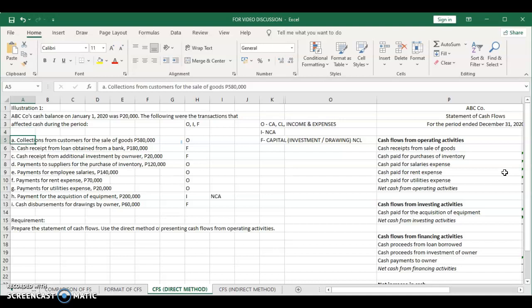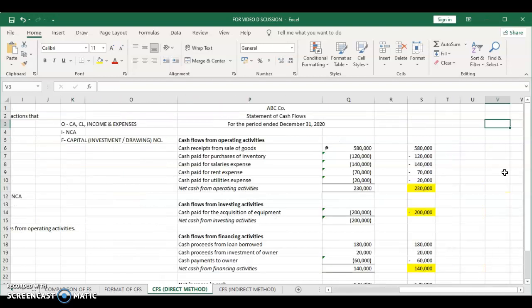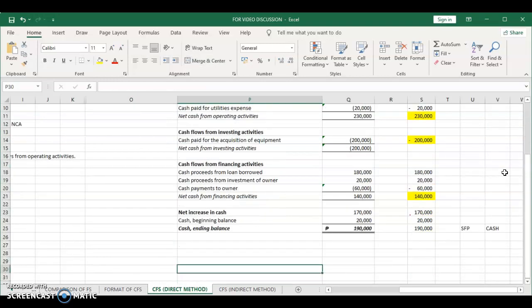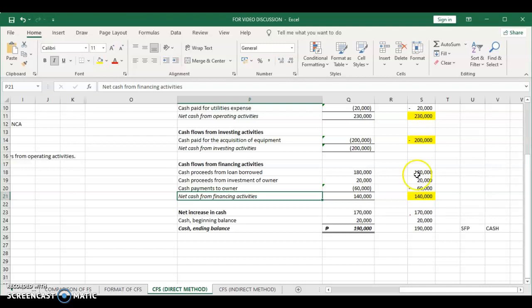Tapos next, you have to identify kung saan siya kabilang na activities, whether operating, investing, or financing activities. After you identify, you proceed with preparing the cash flow statements. Napakadali lang. Next, after this one, we will be discussing the indirect method.